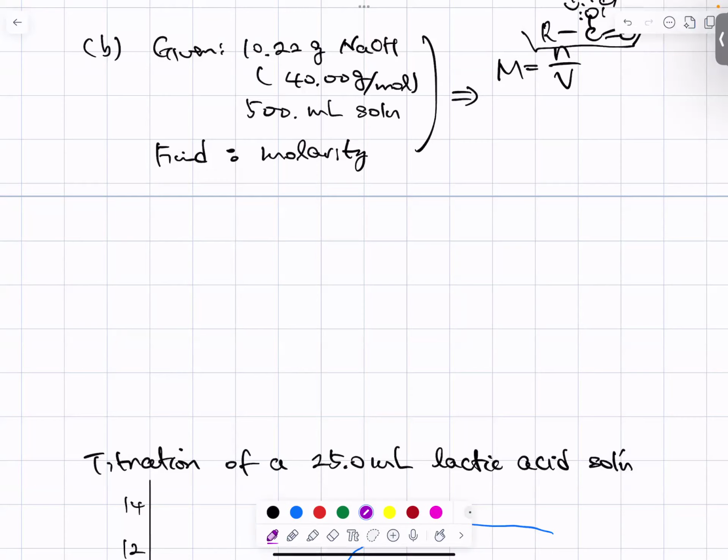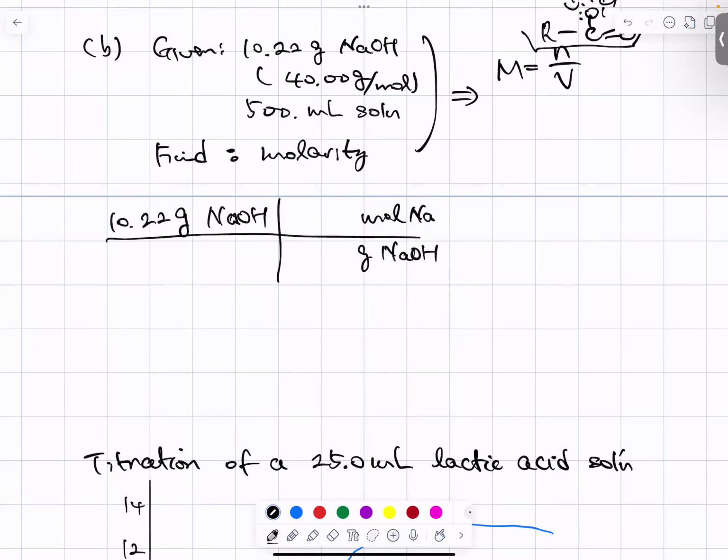Okay, so we are ready. Let's get started. Unit conversion is very important in general chemistry, AP chemistry. 10.22 grams of sodium hydroxide. We want to convert this into a mole number. In order to do that, we need to write grams of sodium hydroxide at the denominator and moles of sodium hydroxide at the top, because we want to cancel out the grams of sodium hydroxide.